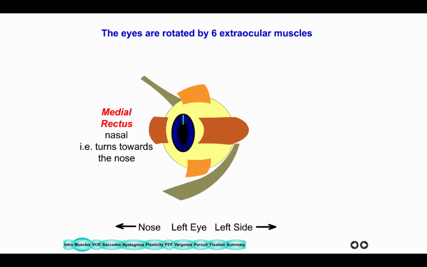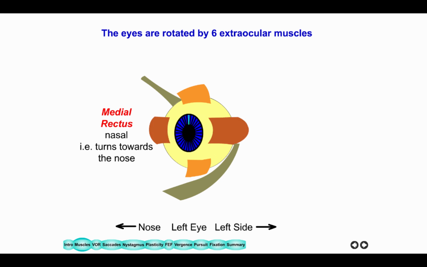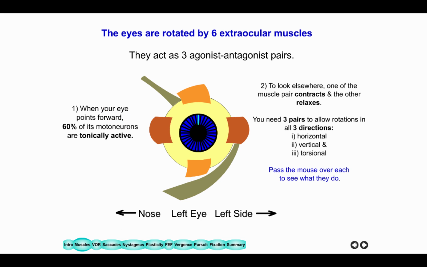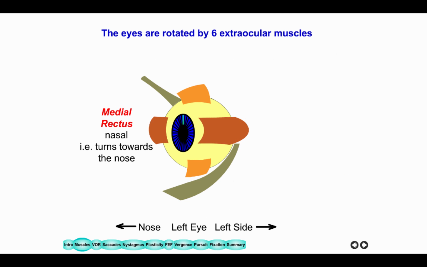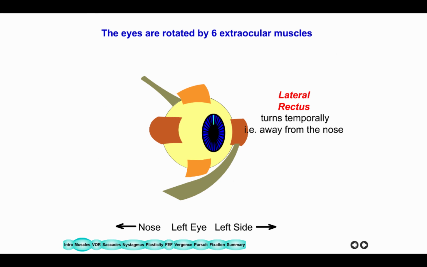We can see this by passing your mouse over any of these. You can see that this muscle, the medial rectus, turns the eye nasally, that is, towards the nose. This muscle here turns it temporally, that is, away from the nose.